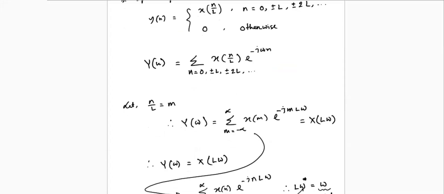So this is capital Y(omega) in the frequency domain. What is your sequence? x(n/L) multiplied by e to the power minus j omega n, and n is not from minus infinity to plus infinity; n is for 0, plus minus L, plus minus twice L, and so on and so forth, because for other values it is equal to 0.